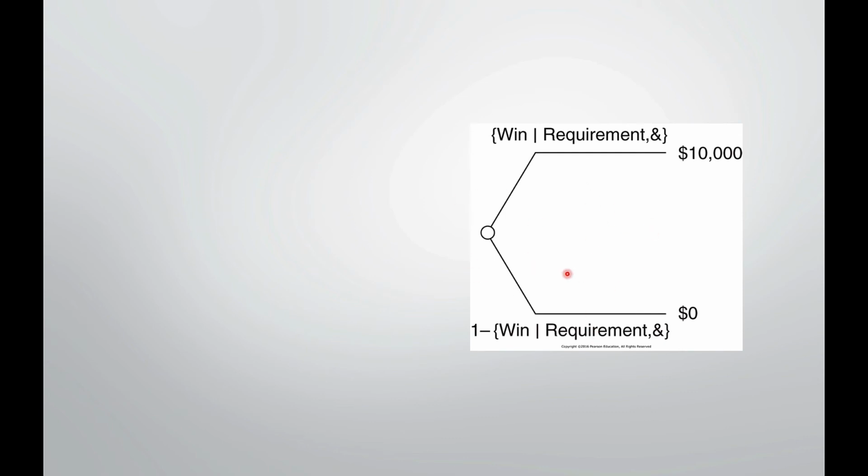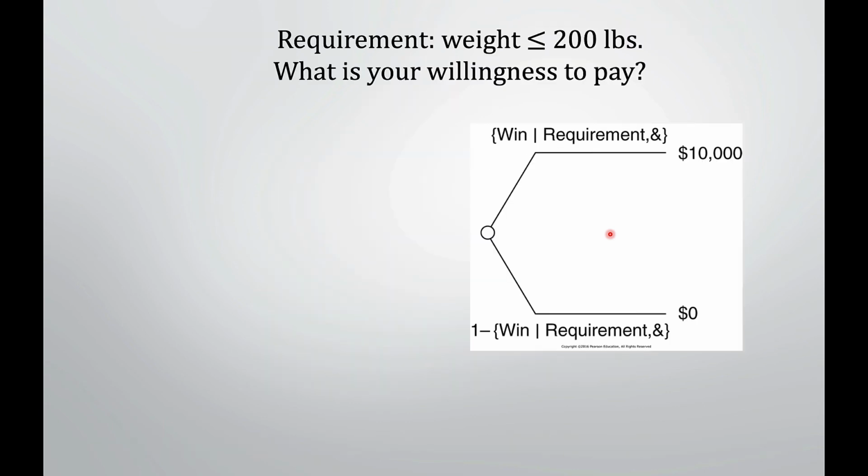So this binary deal represents the deal that results from buying the certificate. Now if the professor or the auctioneer poses a requirement such that the weight is less or equal to 200 pounds, the question is, what is your willingness to pay for this deal?